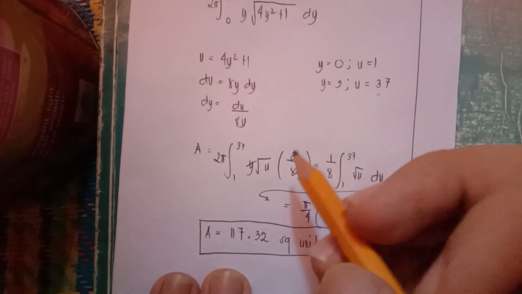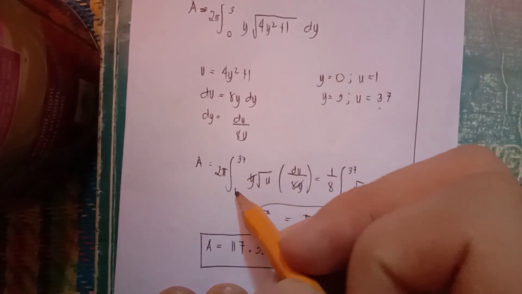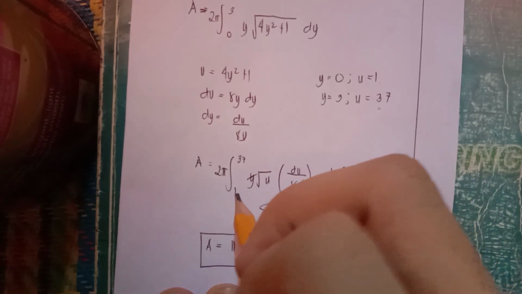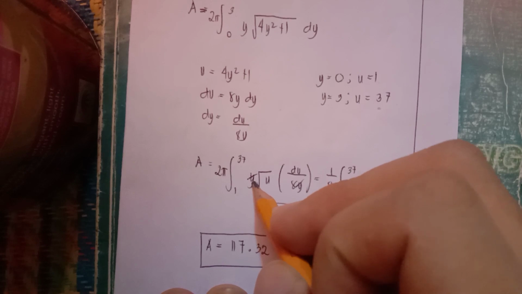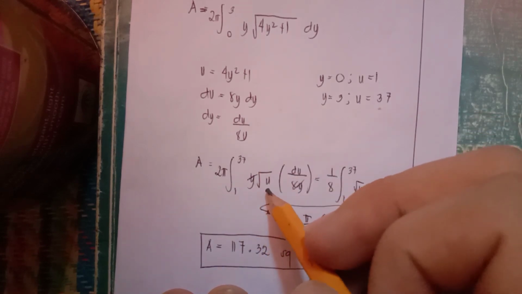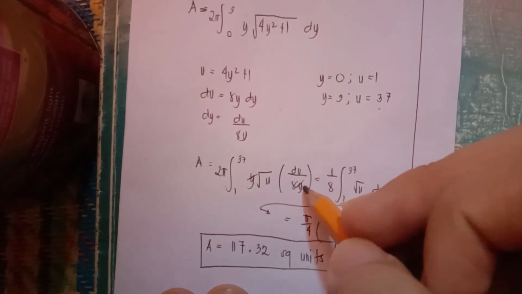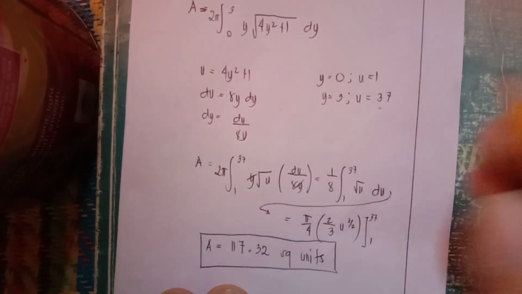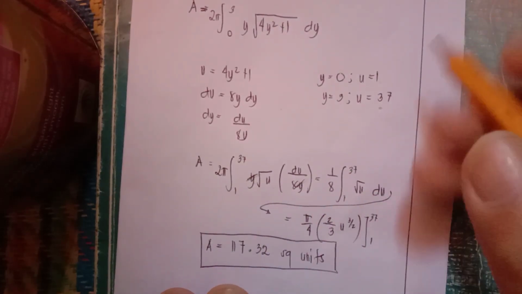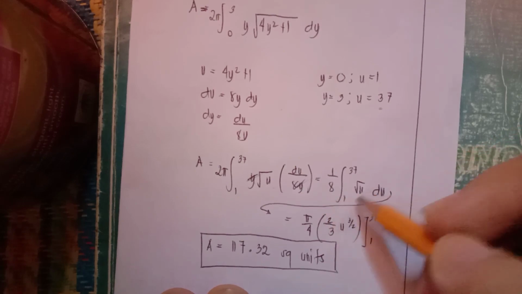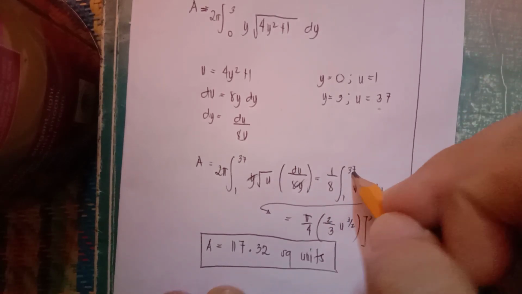So it is now 2 pi, with the new limits from 1 to 37, then y, and we substitute u for 4y squared plus 1, the square root of u, times the quantity du over 8y. So we cancel this y. So it becomes 1 over 8 times the integral of the square root of u du from 1 to 37.